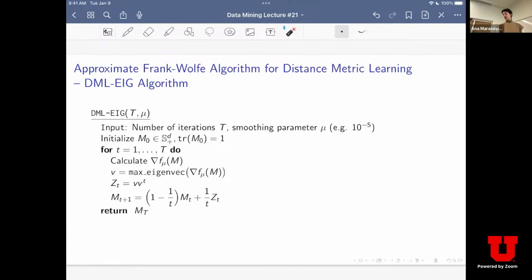So in this algorithm, you're going to give the number of iterations, which we always give if we have optimization procedures such as gradient descent. And you are also going to need to specify that smoothing parameter. Usually that's set to some small value such as 10 to the power of -5. And you're going to initialize your initial matrix M to be any matrix you like that is positive semi-definite and has trace 1.